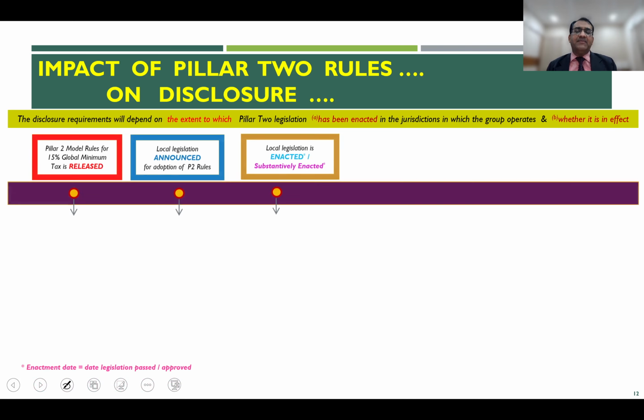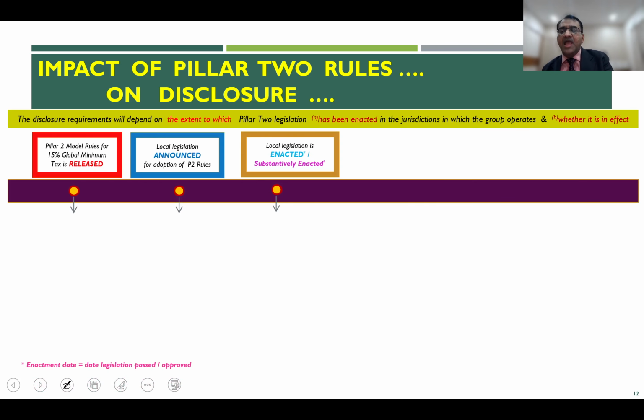So if you look at the timeline, assume Pillar 2 rules have been released, the local legislation has announced that they will adopt Pillar 2 rules, and they have enacted or substantively enacted. But up to this point in the timeline, it has only been enacted or substantively enacted, but it is not yet effective. Let us say it is effective at a later point in time.